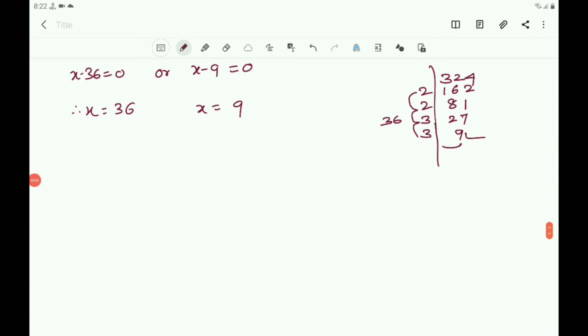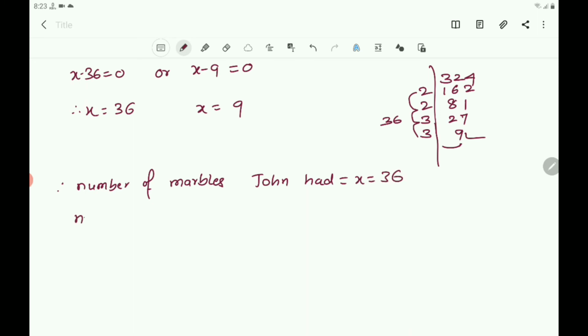Then the number of marbles John had equals x, that is 36, and the number of marbles Jivanti had, that is 45 minus x, equals how much? 45 minus 36, that equals 9.